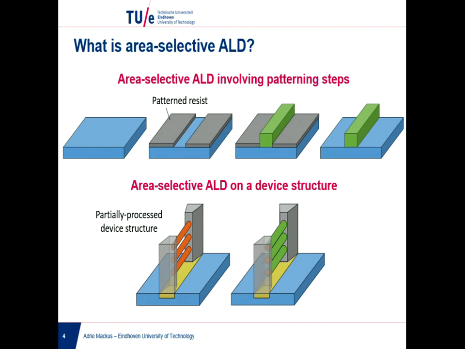But recent interest is actually about a different thing. I describe this as area-selective ALD on a device structure. Here we're considering a case where we have already done patterning, and you have a partially processed device structure, so you're somewhere halfway through your fabrication process, for example, of a transistor.